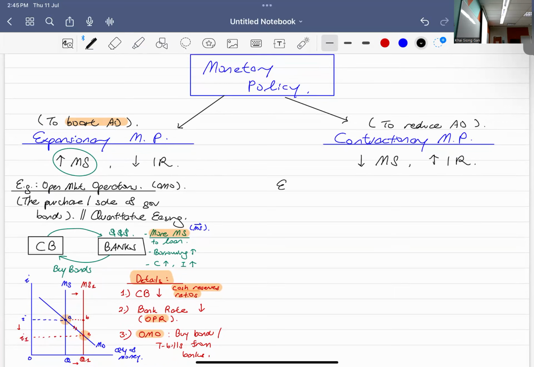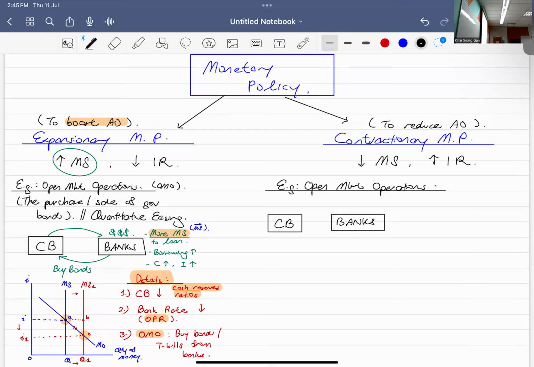To reduce money supply, how? They can use open market operations. For example, we have the central bank, CB, and we have banks.